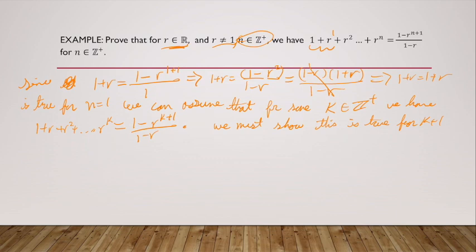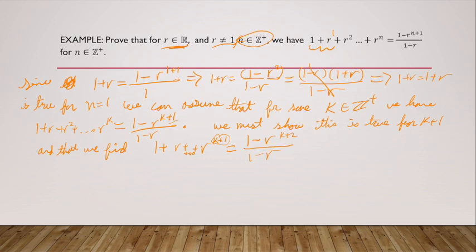I always like to write what I should get to, because then we know we have a goal. 1 plus r plus ... plus r to the k plus 1, we're not writing everything, equals 1 minus r to the k plus 1, but we add 1, so that'd be k plus 2, over 1 minus r.